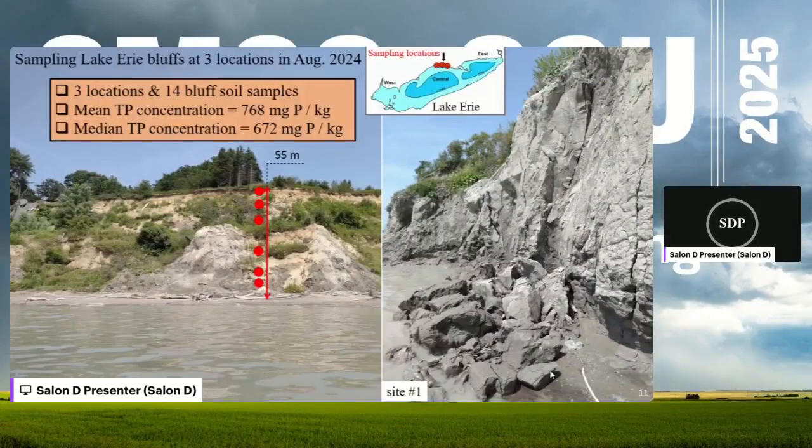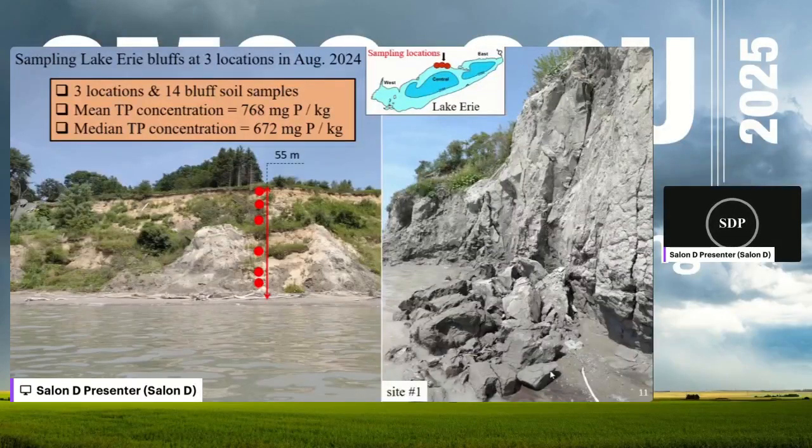So we sampled some material from the bluffs, and 98% of the Lake Erie coastline is made of coastal bluffs. We measured 3 sites, and different locations of phosphorus. We measured concentrations, and we determined the mean concentration and median TP concentration.